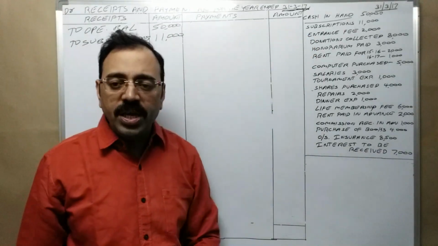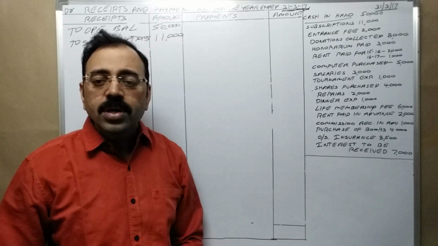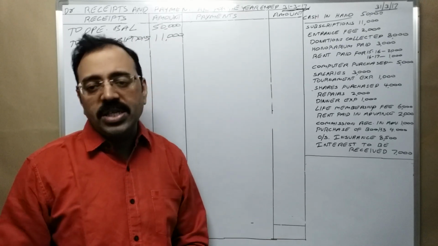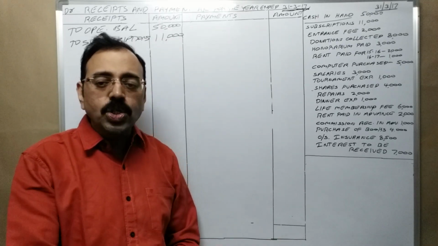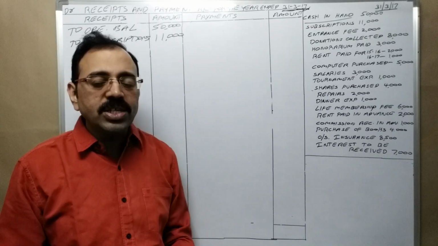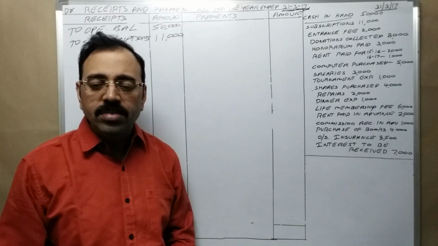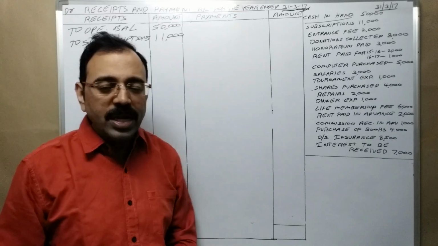Then entrance fee means what? When any member is joining our organization, then he has to pay some initial amount. That is called entrance fees or admission fees. Cash is coming. Therefore, it should be on the debit side.